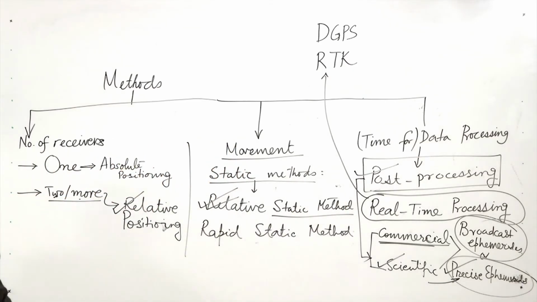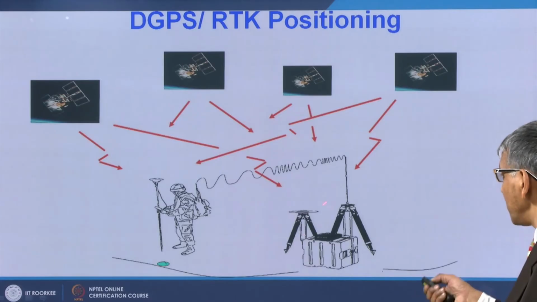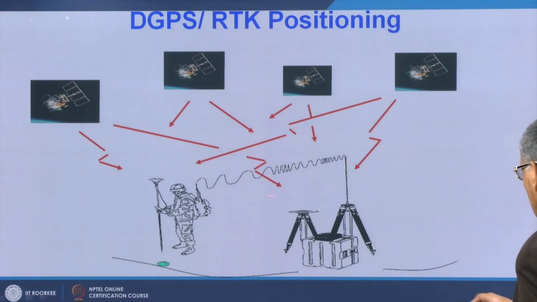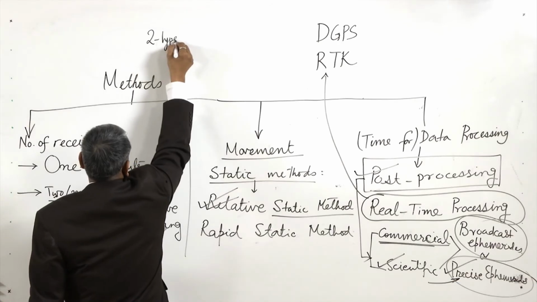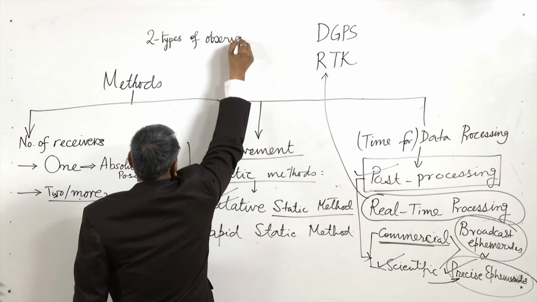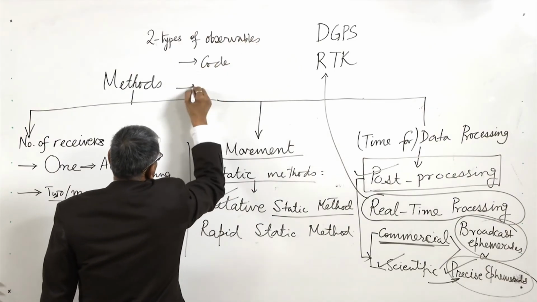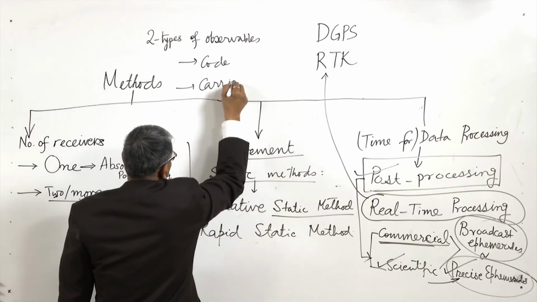Whatever error the reference receiver computes may be computed from the 2 types of observables, that is code observable and carrier observable.